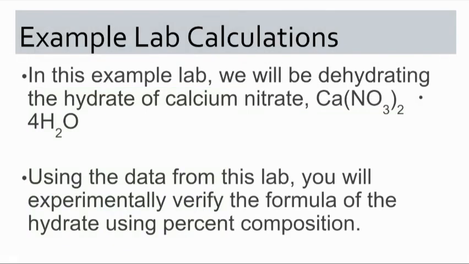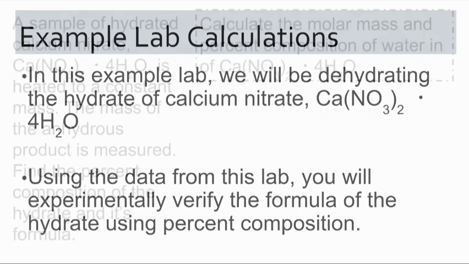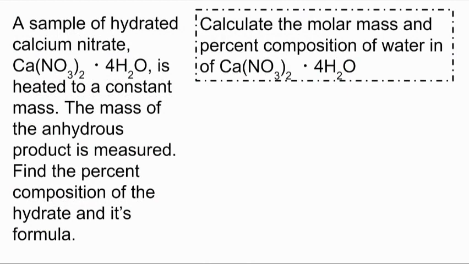So for our final part of this podcast, let's look at some lab data and see how we would do our calculations for the glass bead on a wire lab. For example, if we were dehydrating calcium nitrate, that is a hydrate, how can we do the calculations?